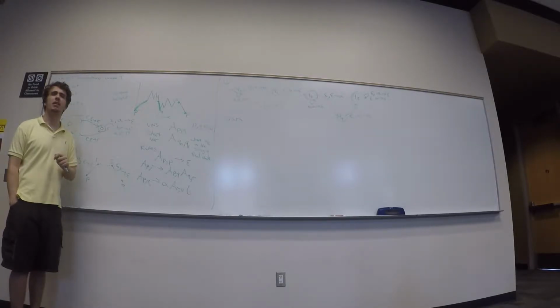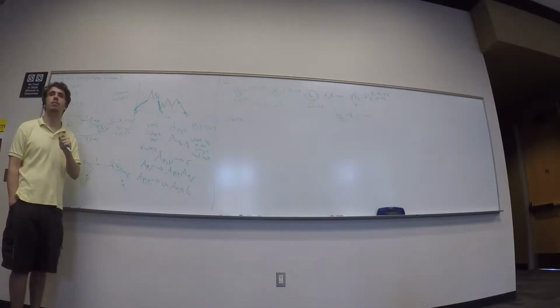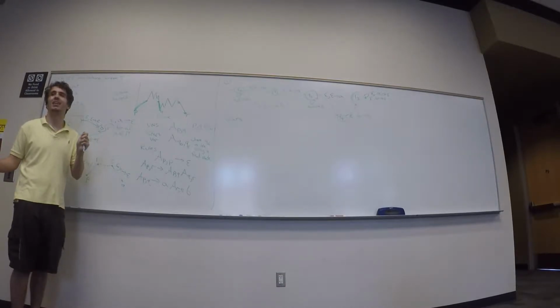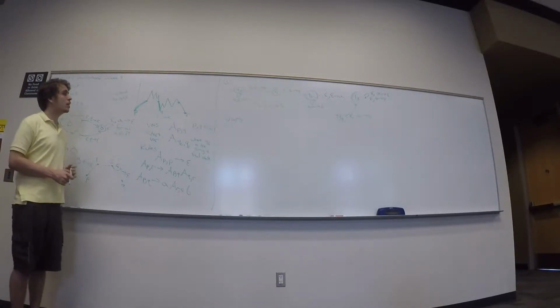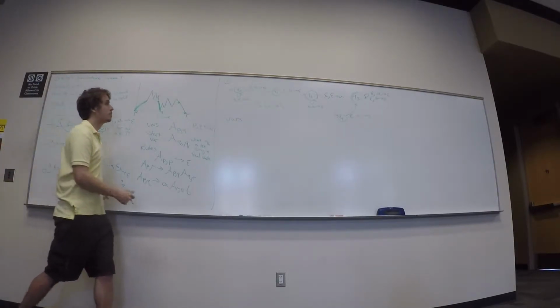How many choices for P are there? How many states are there? 5. How many choices for P are there? 5. Independently, how many choices are there for Q? 5. So how many in total? Please don't say 10, please. 25. So I'm not going to write them all down, but there will be 25 variables.